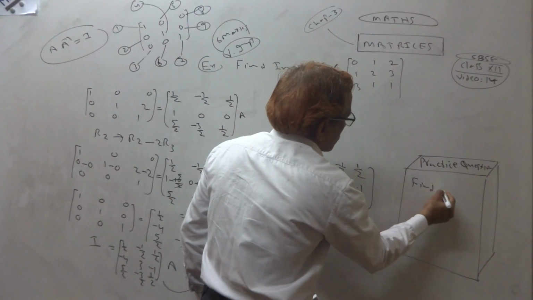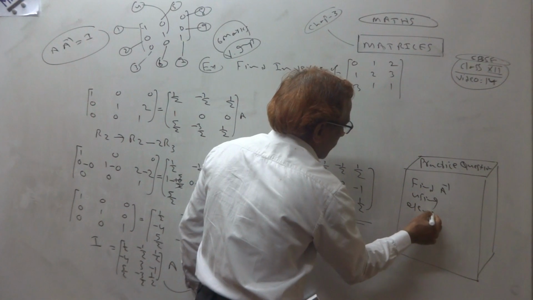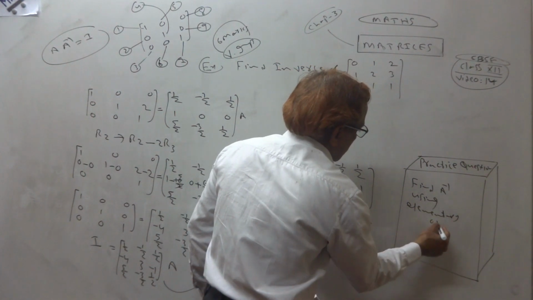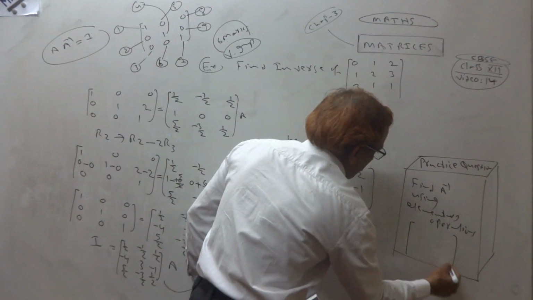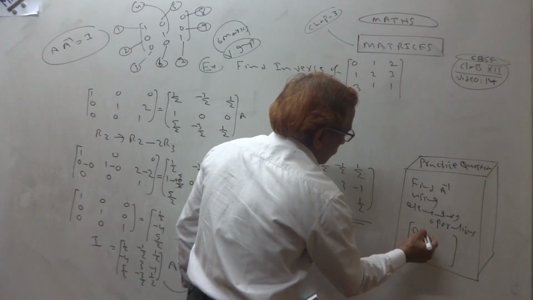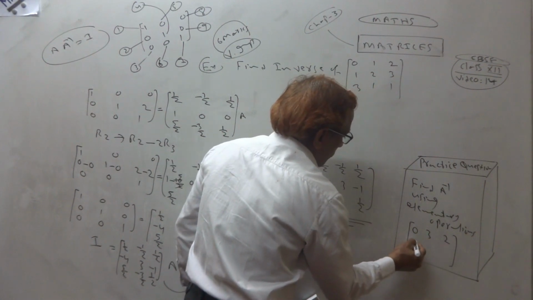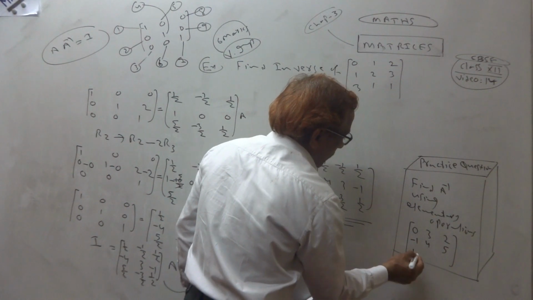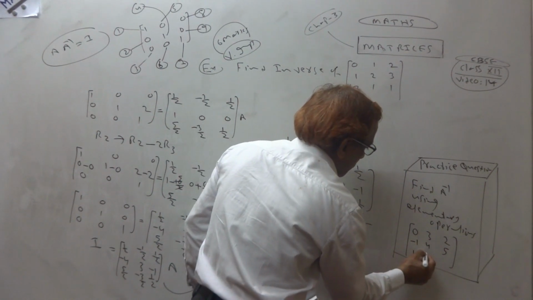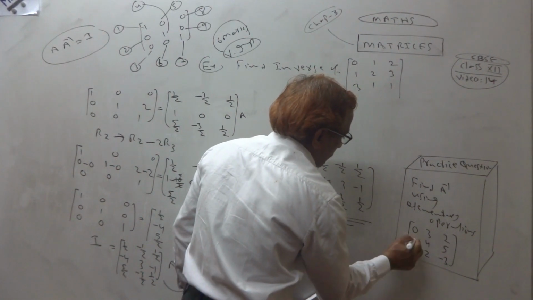Find the inverse, A inverse, using elementary operations. Okay, so I am giving almost the same type: 0, 3, 2, minus 1, 4, 5, 1, 2, minus 3. Yes, here you take 2.